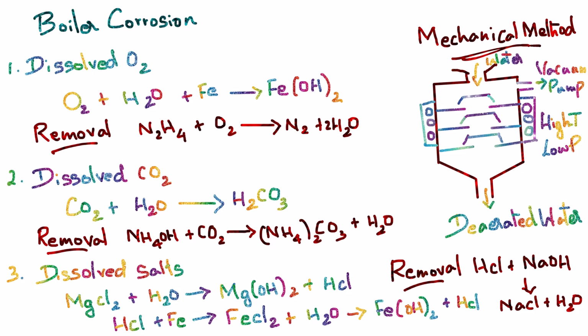When we pass the water and it reaches the perforated plates, since high temperature is maintained, water is converted into vapor where all the gases are removed since it is connected to the vacuum pump, and they condense at the bottom of the tower, which is called the deaerated water.